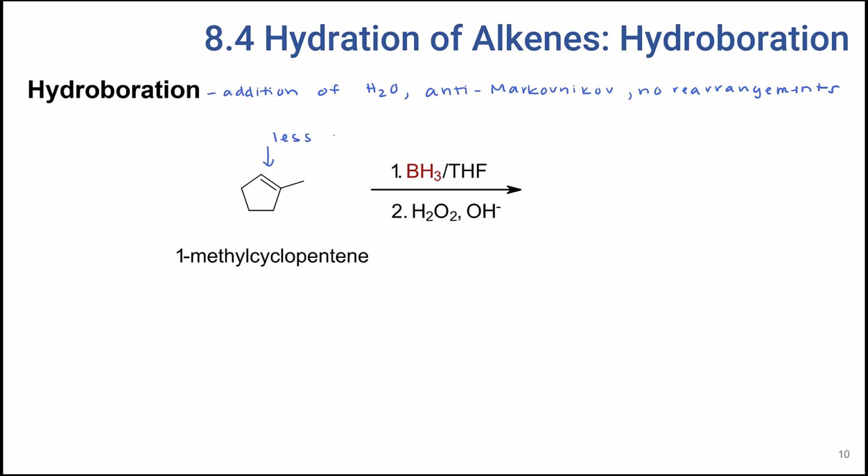So this is our less substituted side, and that's where our alcohol will go. So there's my carbon skeleton. My OH goes to the less substituted side, and this usually results in a syn addition. So my hydrogen gets added here, which makes my carbon here dashed.